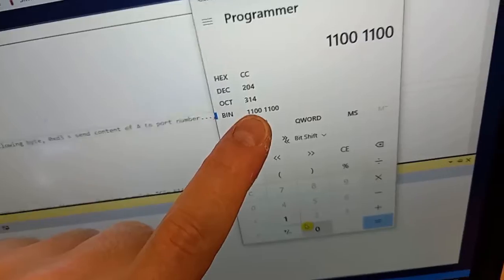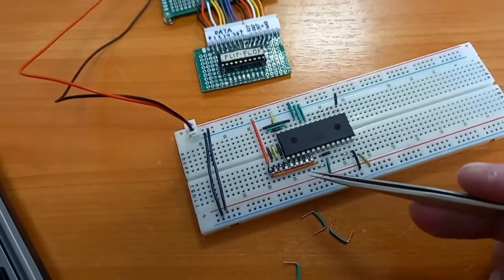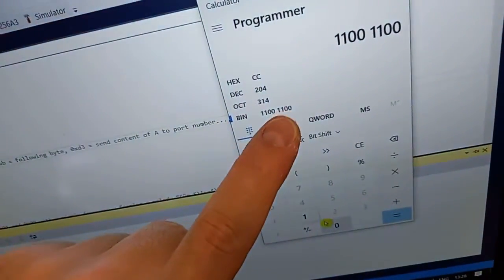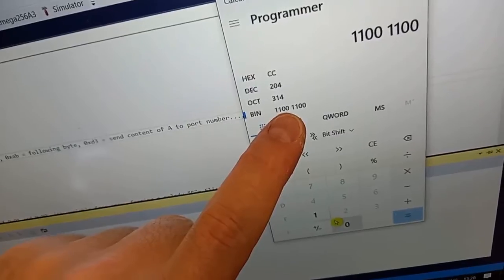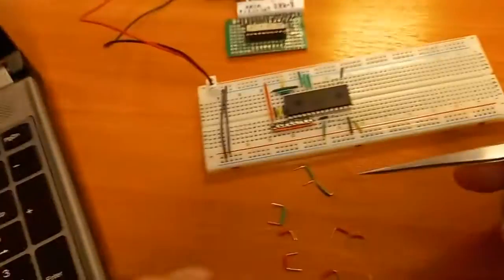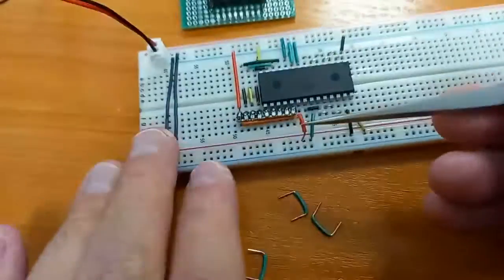But in binary we need to connect these data pins according to this number, 11001100. That's address number 1.